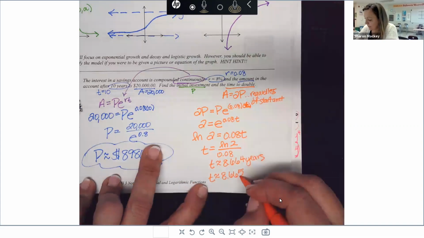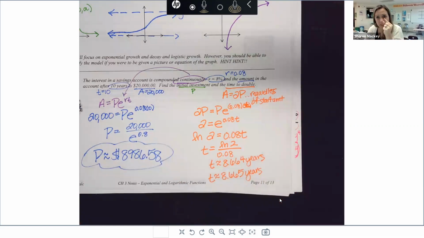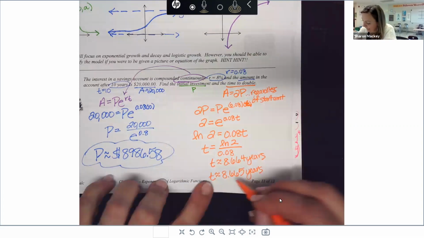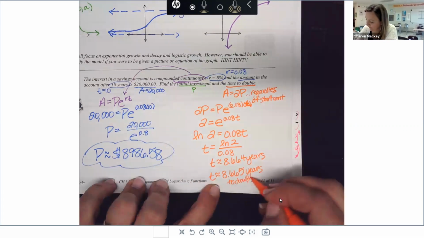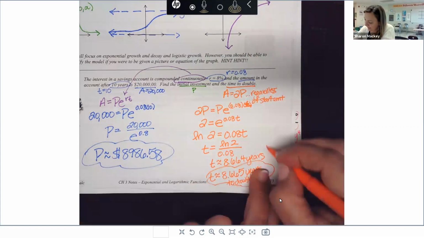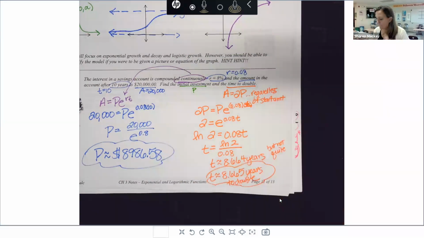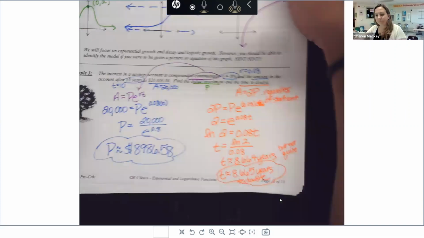So maybe to make sure that it does double, that it's not just short of doubling, I'm going to say it's going to take 8.665 years to double. Okay, so here my justification would be, but not quite. Okay, so that's example 1.